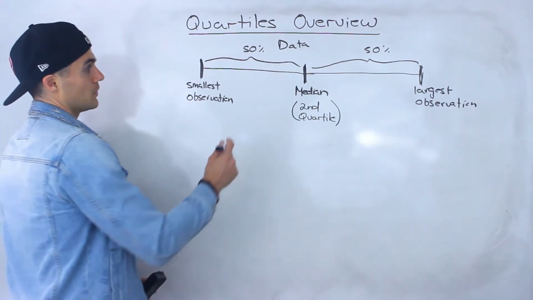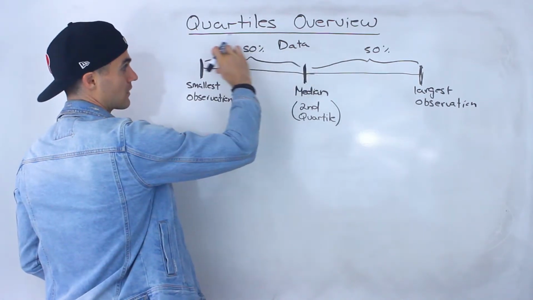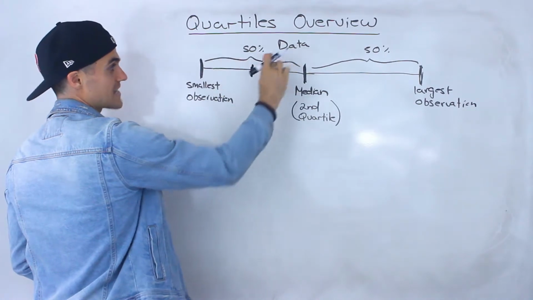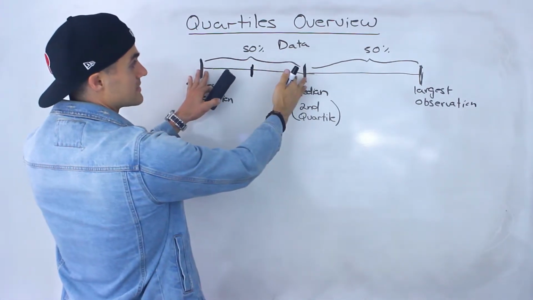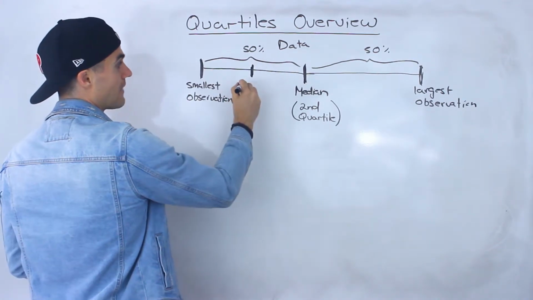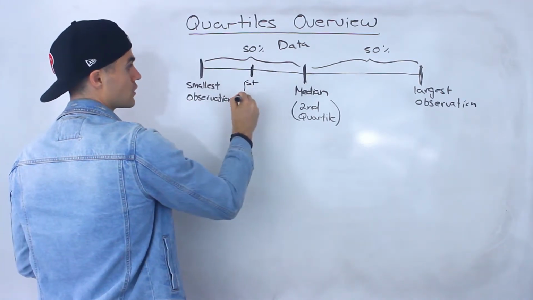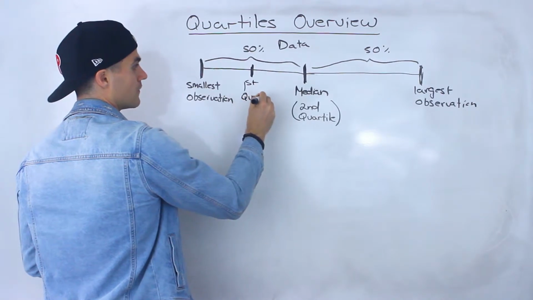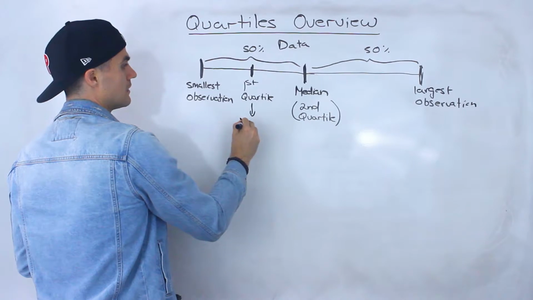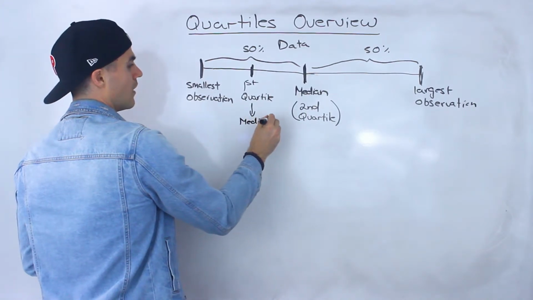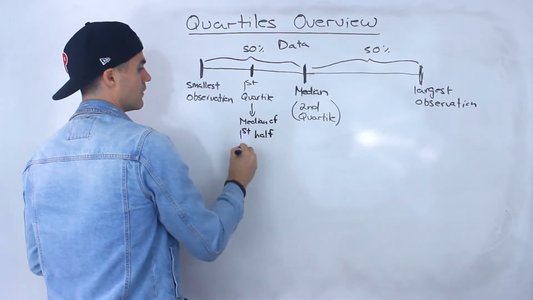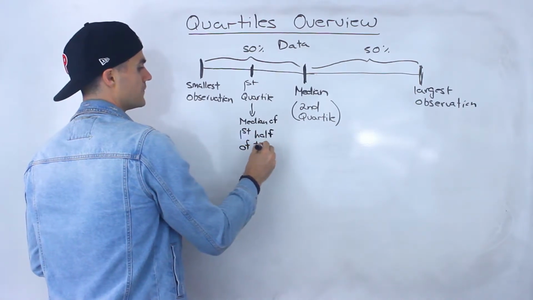And then what we can do is take this half here and find the median of that set of data. So we would just look at this set of data separately now, and we would find the median of that, and that would be the first quartile. So the first quartile is the median of the first half of the data.